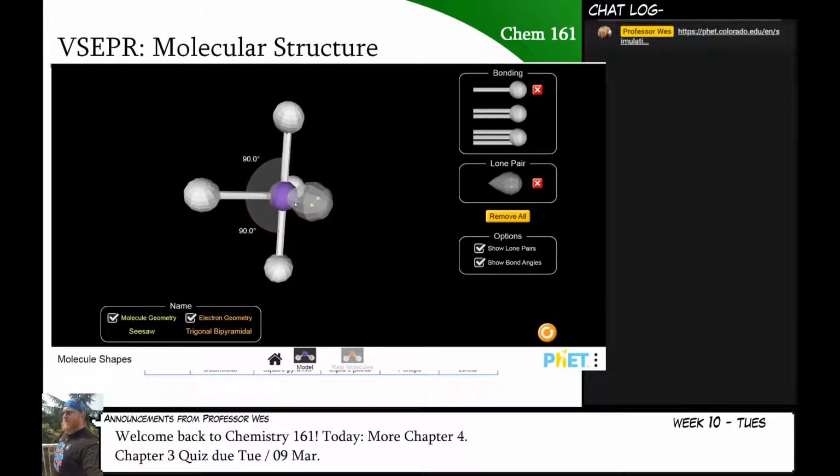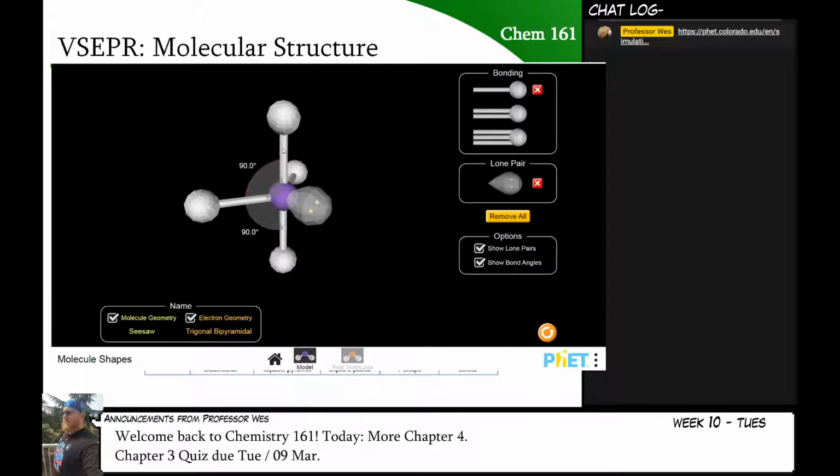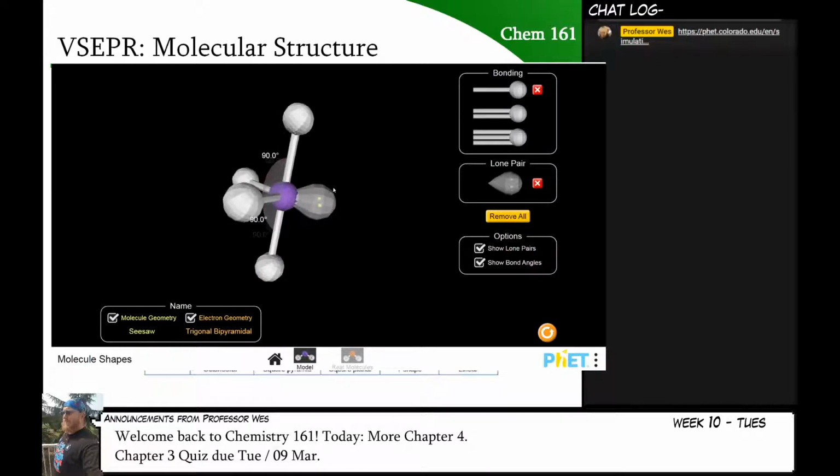But if I put it down here, not only am I 90 degrees away from everything else, which is the same, I'm also 120 degrees away from the other bonds this way. That turns out to be better in terms of overall repulsion. So when you have a trigonal bipyramidal geometry and you start replacing with electron pairs, they go around the center because there's just a larger bond angle between nearest neighbors.